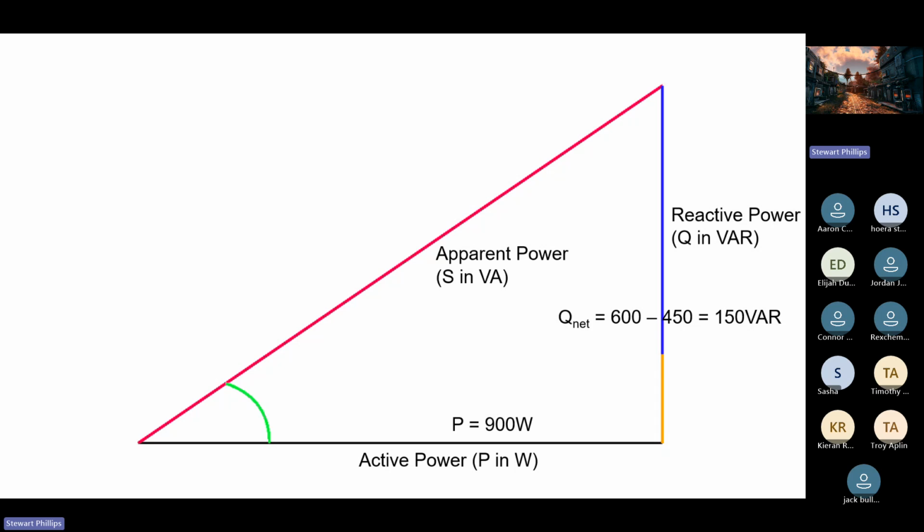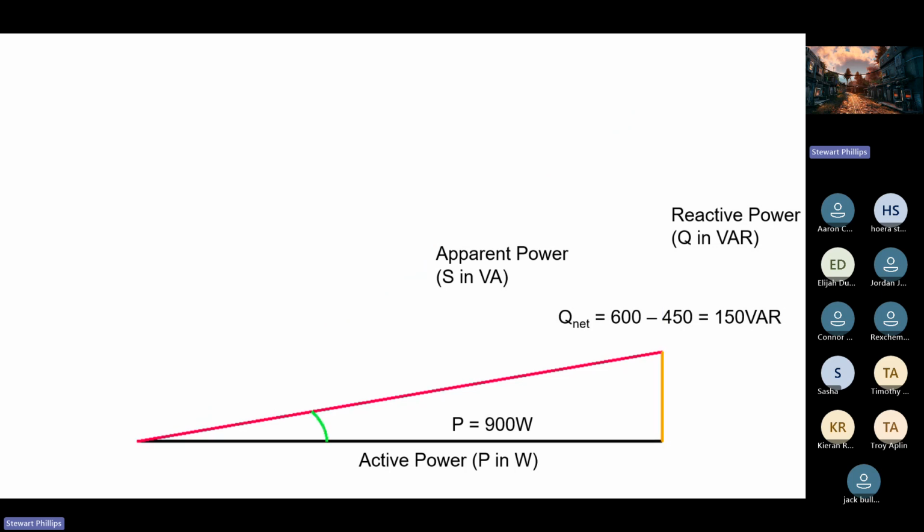This changes where our apparent power, or our hypotenuse, goes. So now we redraw that, and this is our new apparent power and this would be our new angle. Our triangle now looks like this. It's a much squatter triangle, which means we're going to have a better apparent power and power factor.